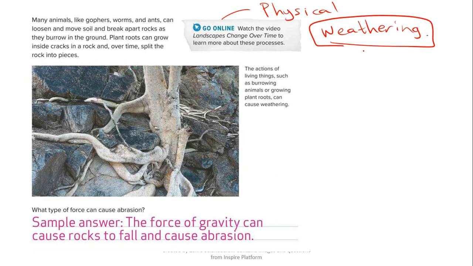This is the song we learned to remember it. Weathering breaks rocks. There are two ways that a rock can break. One is physical. Physical is when something breaks the rock. For example, over here we have them discussing animals and plant roots. Animals and plant roots can break the rock physically.